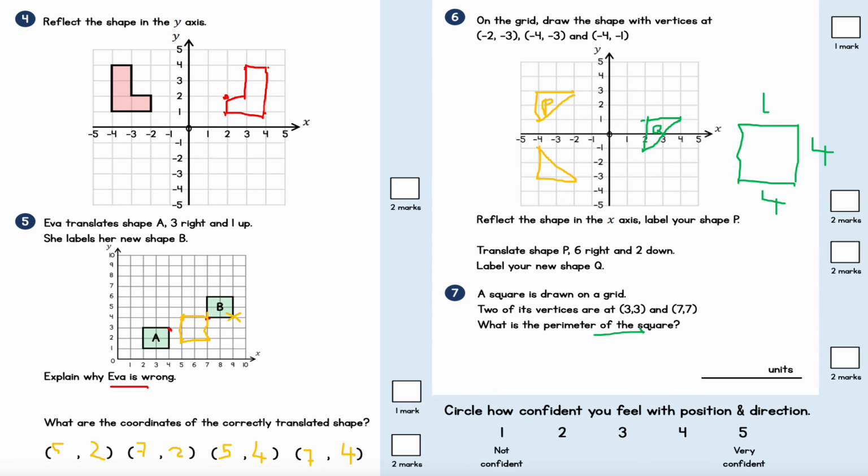Now the perimeter in maths means the distance around the shape. So I'm going to do 4, add 4, add 4, add 4, which is the same as saying 4 lots of 4. So 4 times 4, and 4 4s are 16. So the perimeter of the square is 16 units. Okay. And that's my answer for that question, guys.